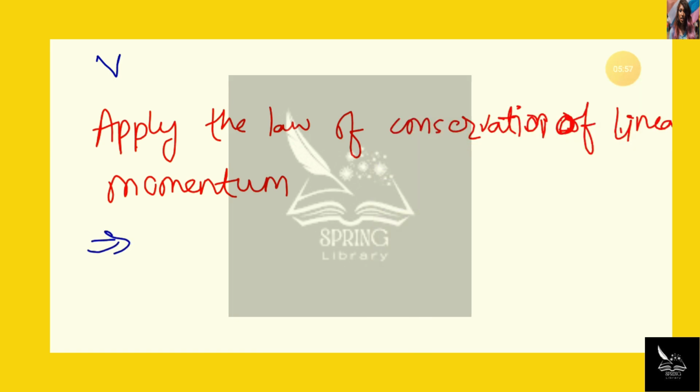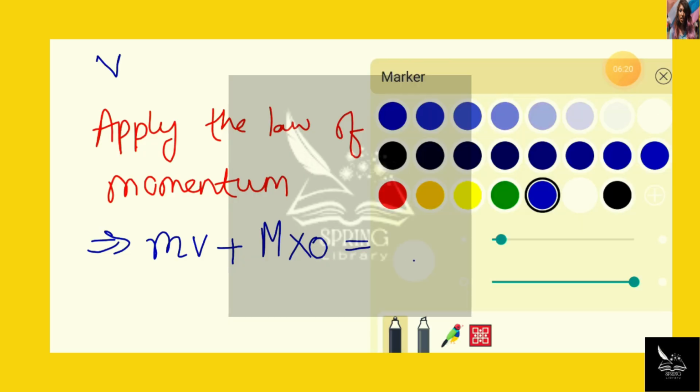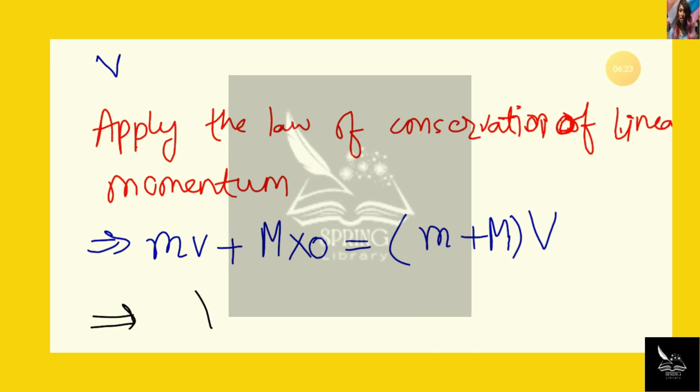On the left side I write the initial momentum: small m times small v plus capital M times 0, is equal to the final momentum on the right side: parenthesis small m plus capital M multiplied by capital V. Simplifying it, I get capital V equal to small m times small v divided by small m plus capital M.